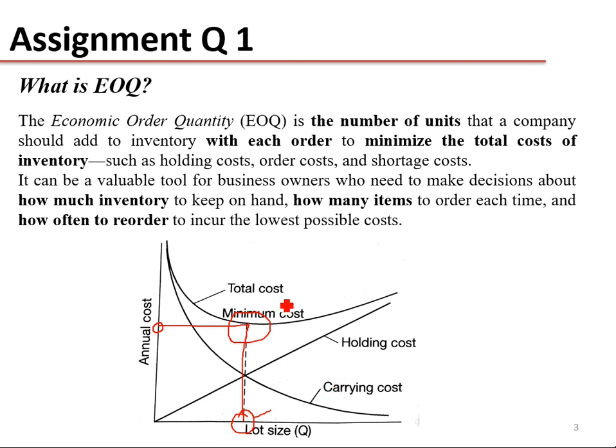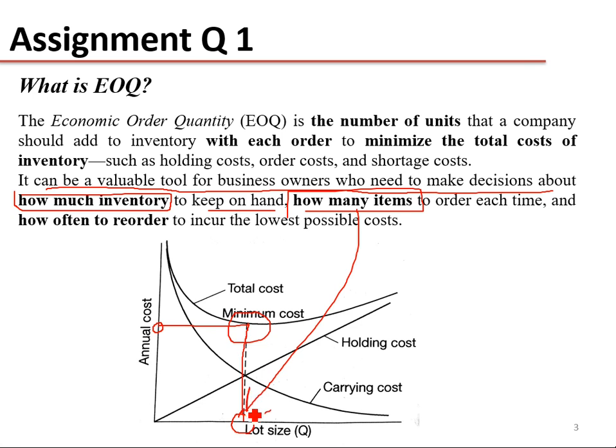So this is basically the economic order quantity, and along with this you can say it is a valuable tool for business owners who need to make decisions about how much inventory we have to keep in hand, how many items to order, and how often to reorder.